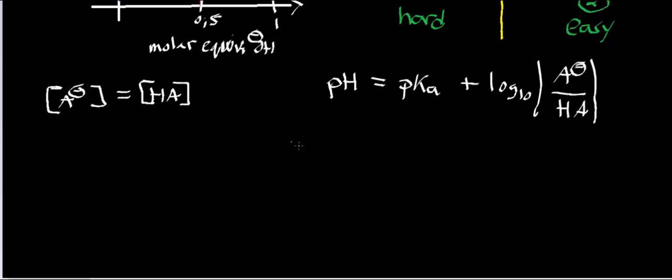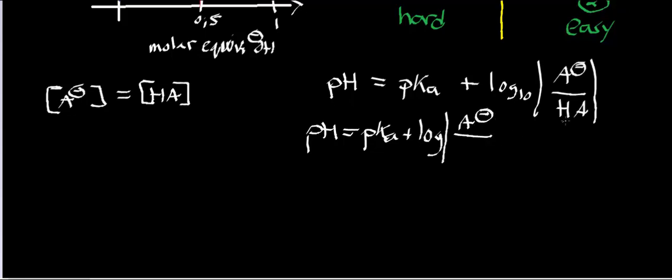Well, notice that I can rewrite this equation. I can say that the pH is equal to the pKa plus the log base 10. If the concentrations of A minus and HA are equal, I can make a substitution. Let's replace HA with A minus. So that becomes the log base 10 of the concentration of A minus over the concentration of HA, but we just said that the concentration of HA is equal to A minus, so we can replace that with A minus.